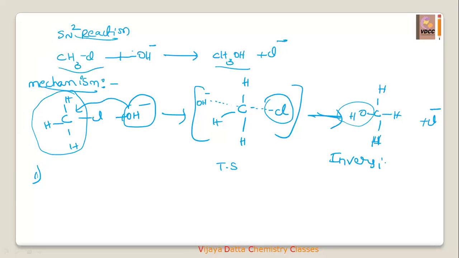Why inversion of configuration? The configuration has been altered: in the reactant, chlorine is on the right and the hydrogens are on the left, but in the product, the hydrogens are on the right hand side and the OH attacked the left hand side. So just inversion of configuration has taken place, students.